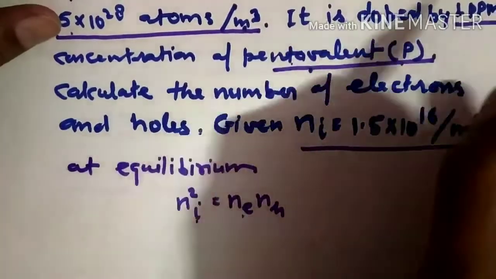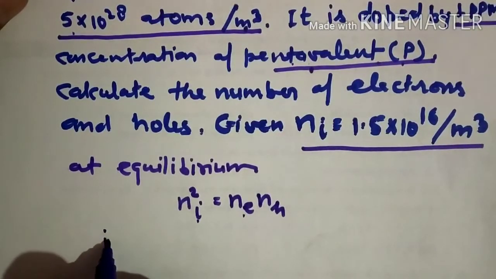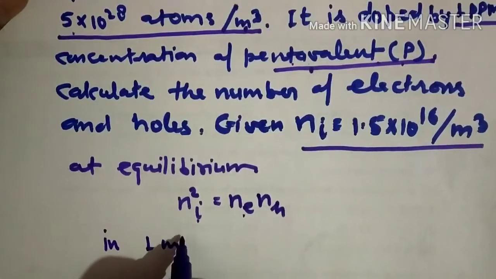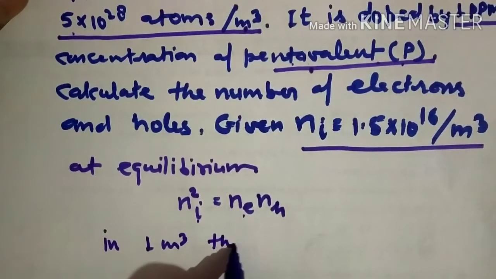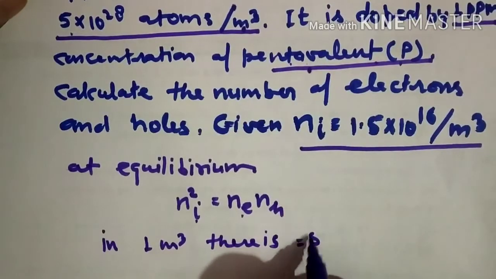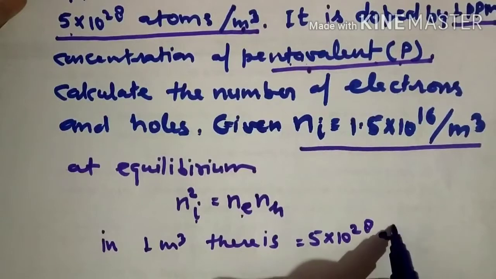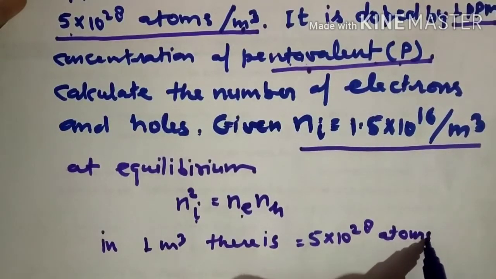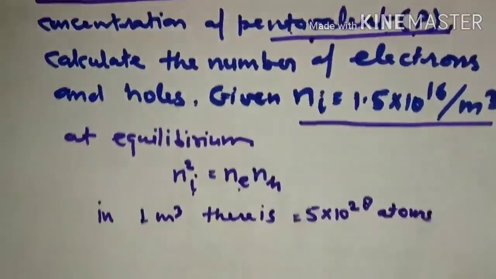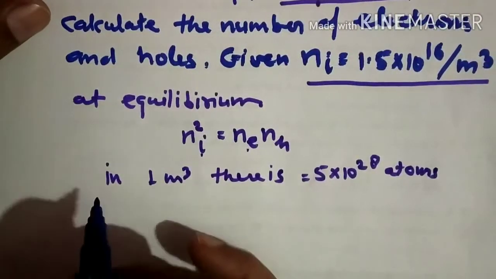So 1 ppm, 1 part per million, is there. In 1 meter cube, there are 5 into 10 to the power 28 atoms. And how many dopants do you have?